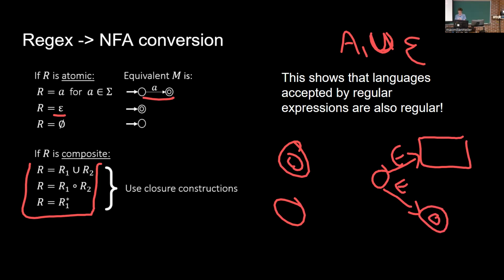Because it's a union, it would always be accepted, so this would be whatever A1 is. This shows that if you have a regular expression, the language it represents is also regular, because you can represent it as an NFA, which means you can represent it as a DFA, which means it's regular.